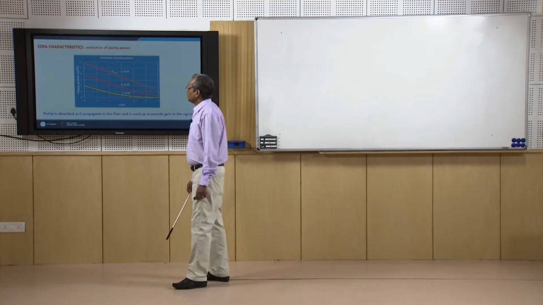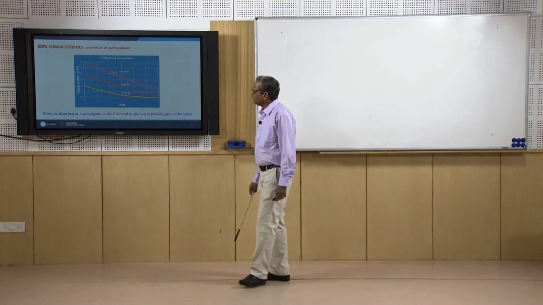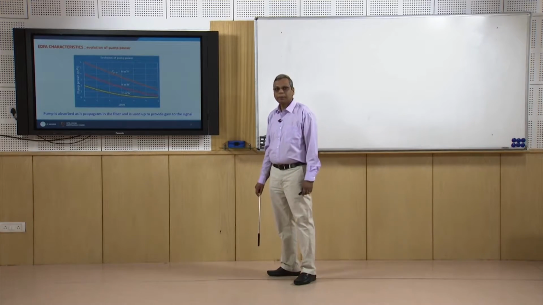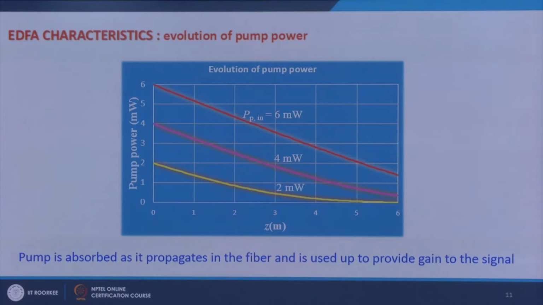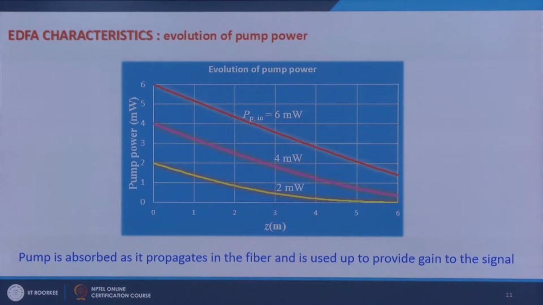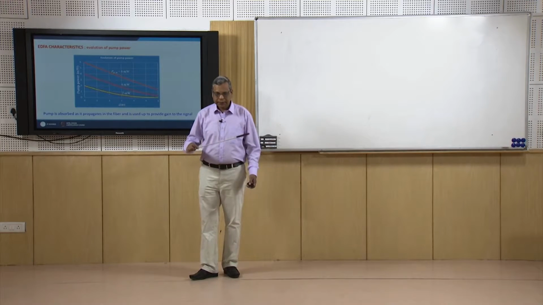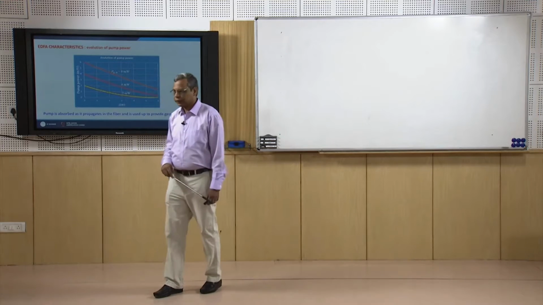Let us look at typical characteristics of an erbium doped fiber amplifier. Here I show the evolution of pump power, how the pump power varies with the distance in the fiber. What I see here is that the pump power decreases with distance, and it is obvious because this pump is being absorbed and it provides energy for the amplification of signal.